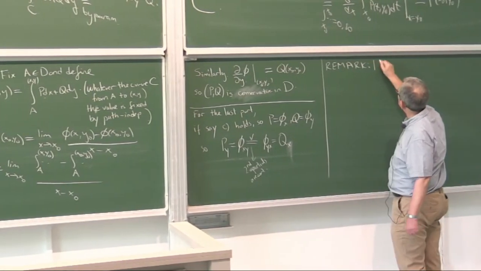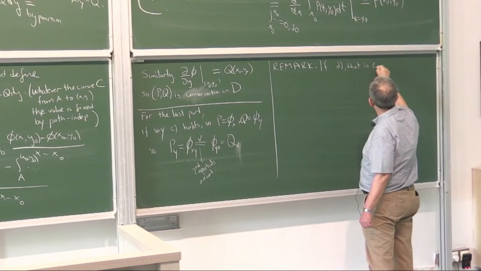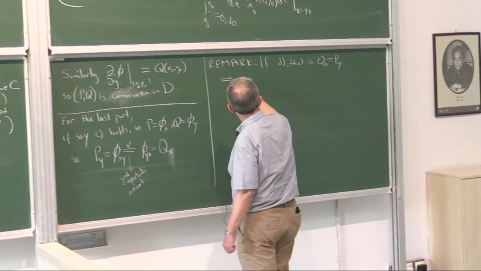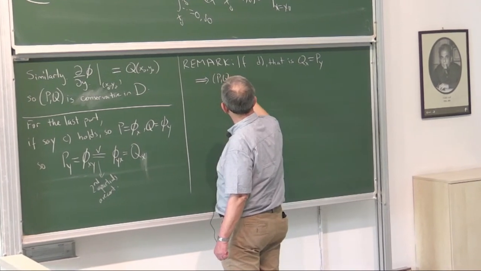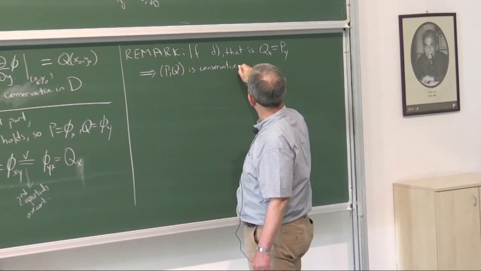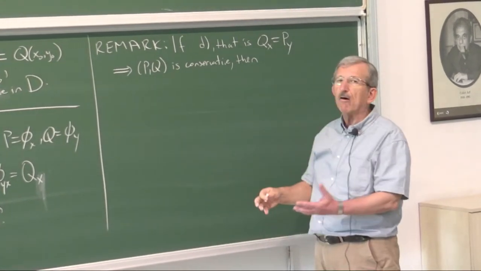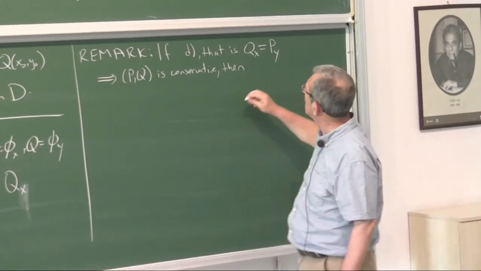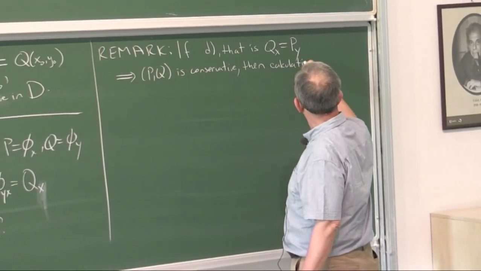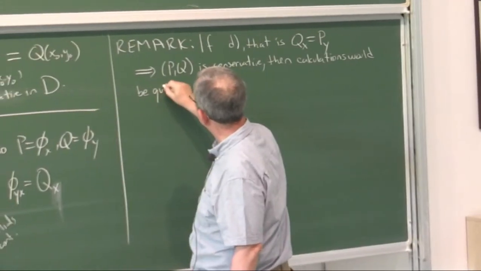If D, that is, Q sub x equals P sub y, implied that PQ is conservative, then this would be a very simple way of showing conservativeness, and calculations would be quite practical.